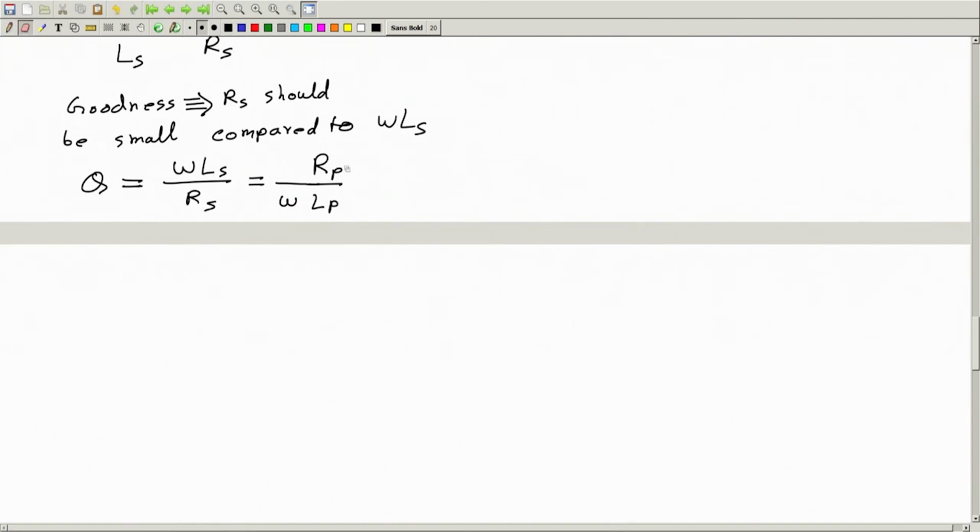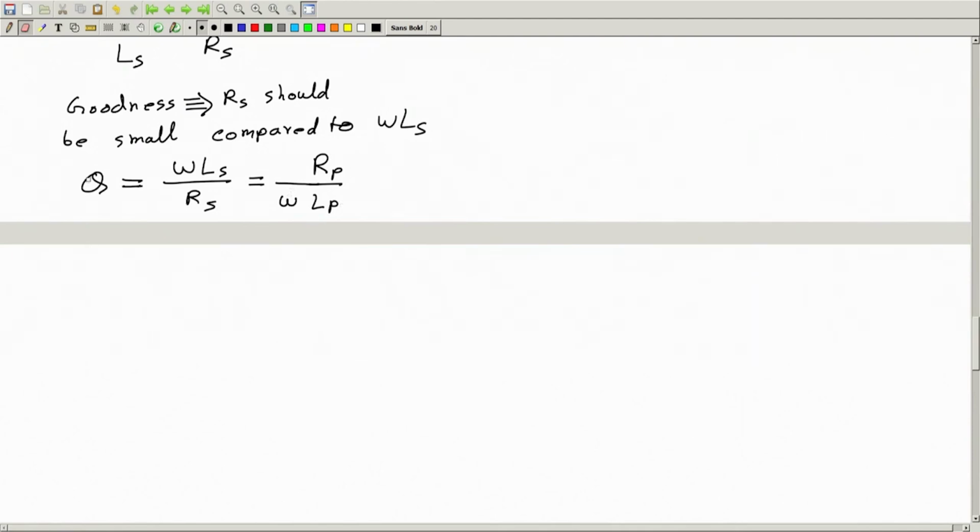Okay. So, in the parallel combination, Q factor will be better if parallel resistance is higher compared to the inductance. Parallel resistance higher means no current will flow through the parallel path of this inductor.